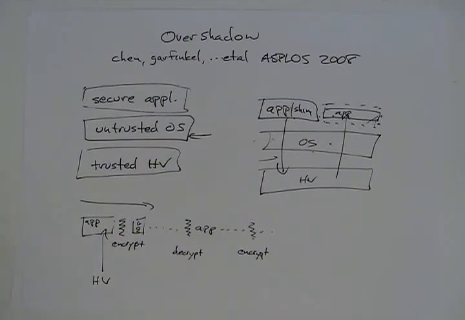However, the hypervisor lets you put another operating system layer underneath it, in which you can do all sorts of things that you may not be able to do without radical changes to the operating system. And you can do this in a way that it still runs the normal applications and so on.